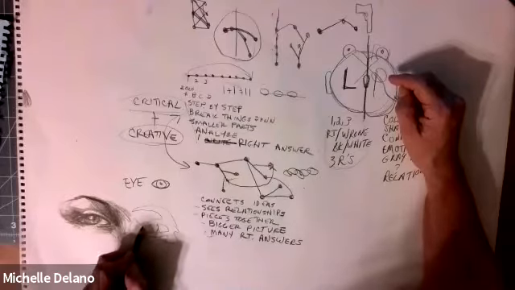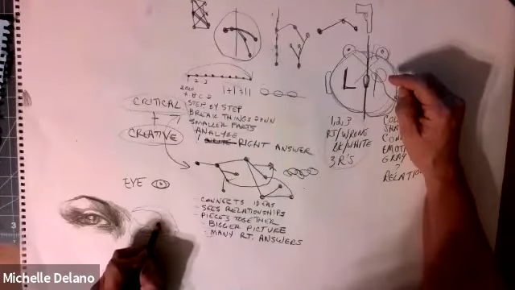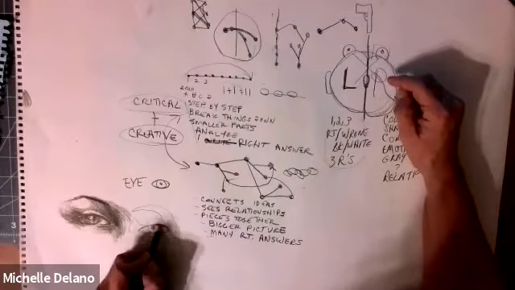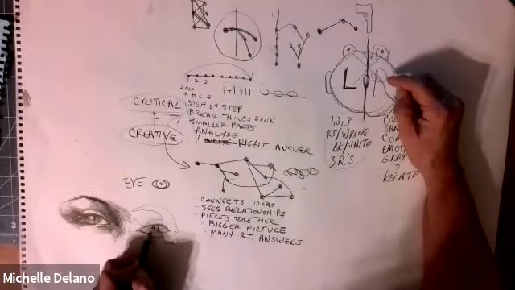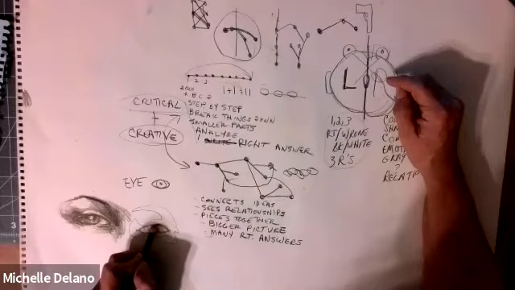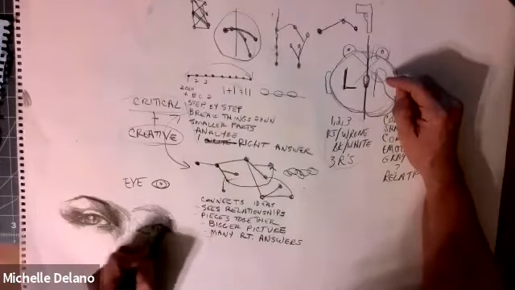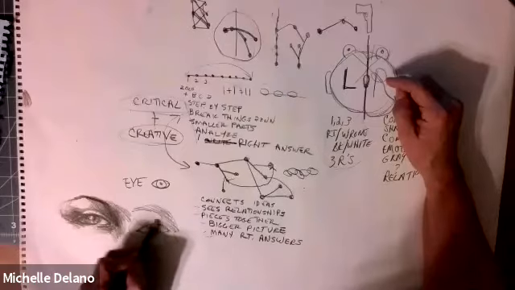Notice I stopped speaking because my analytical left brain, reading, writing, and arithmetic, doesn't function when I go into this alternate mode of thinking. But what I am doing is I'm seeing shapes, and I'm seeing how the shapes all connect. And the shapes are kind of like puzzle pieces, right?